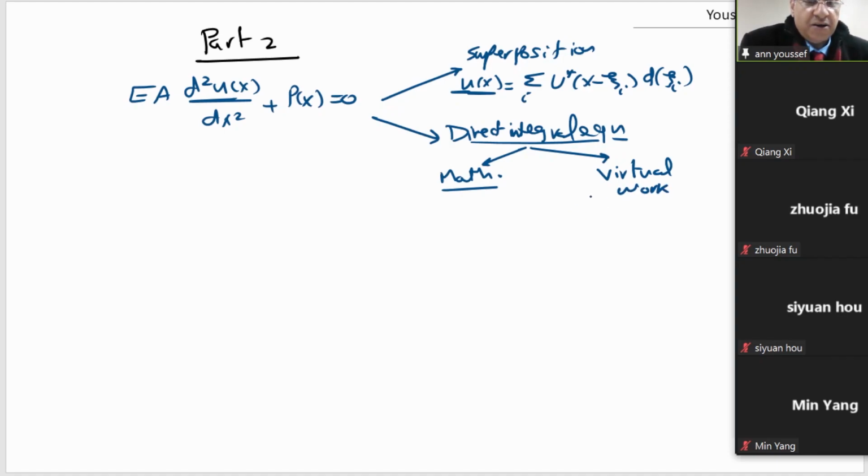So these are the two main entrances to the direct integral equation. And we'll see the difference between the direct integral equation and the indirect integral equation to solve this very nice and very easy differential equation. Of course, this differential equation is accompanied by the shape of the beam and the boundary conditions.